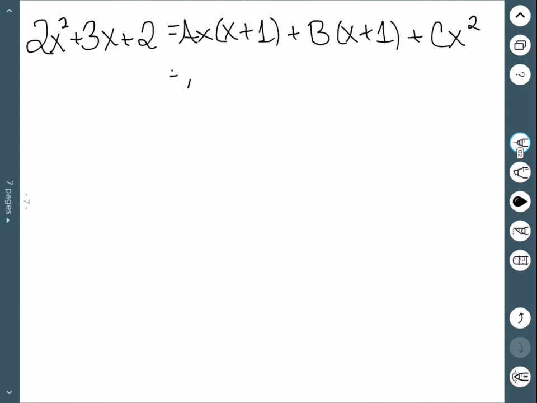Multiplying out the right-hand side gives me Ax squared plus Ax plus Bx plus B plus Cx squared.